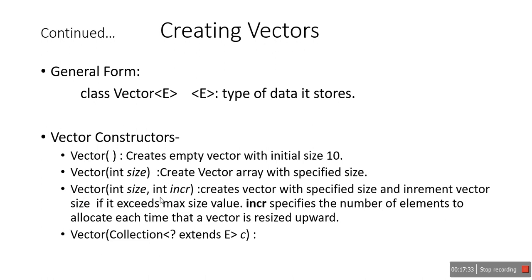If you do not mention any increment, for example, you use the second constructor and mention only the size, say 12, and you store the 30th element, then the vector size becomes doubled, that is 24, because the initial size was 12.